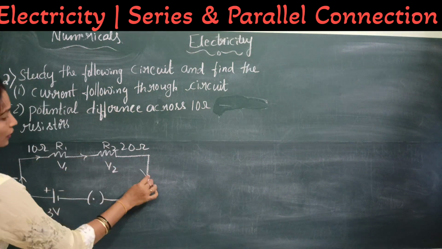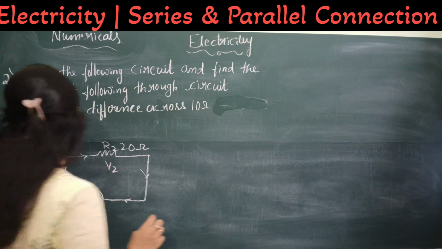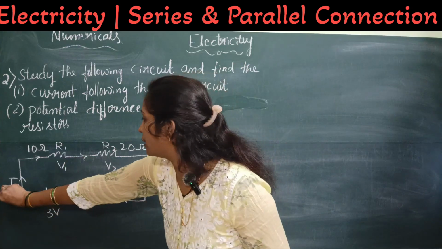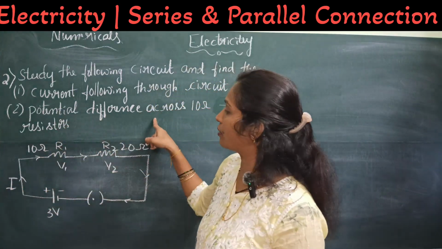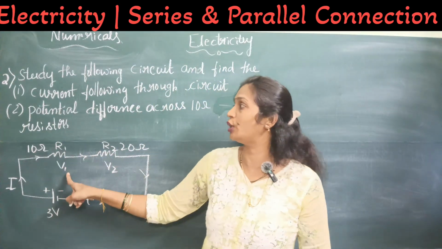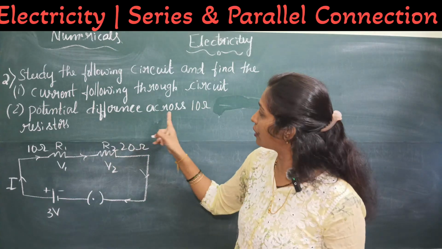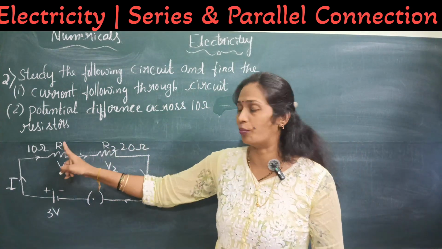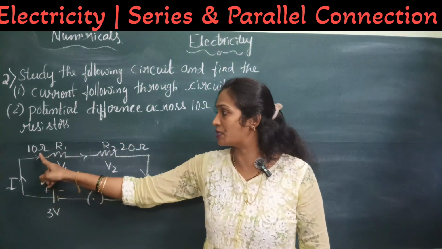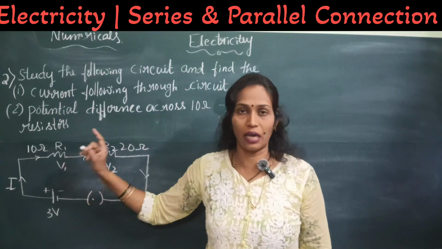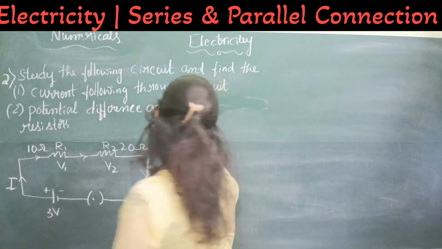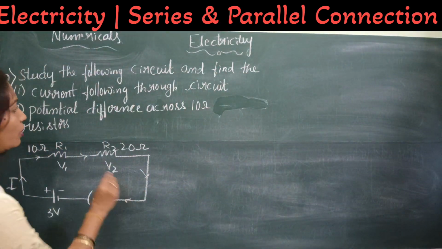This is the direction of the current. I we need to calculate, and also we need to calculate V. For V1 we need to calculate because we need to calculate across the resistance 10 ohm. Where is the resistance 10 ohm present? It is in R1.